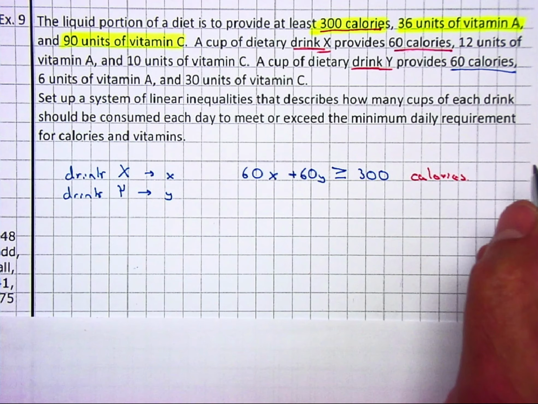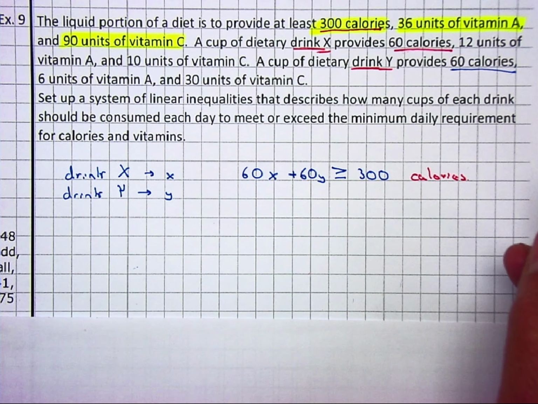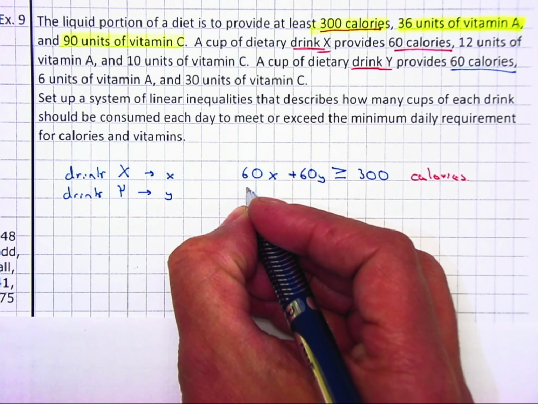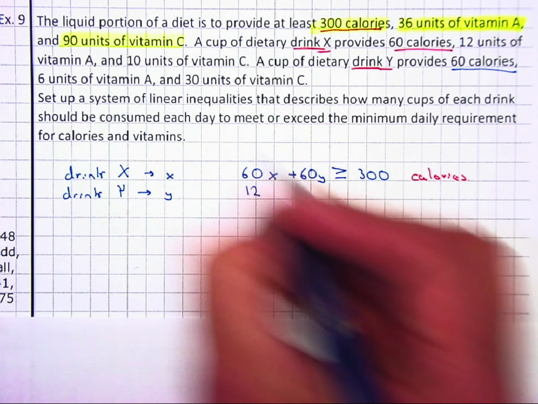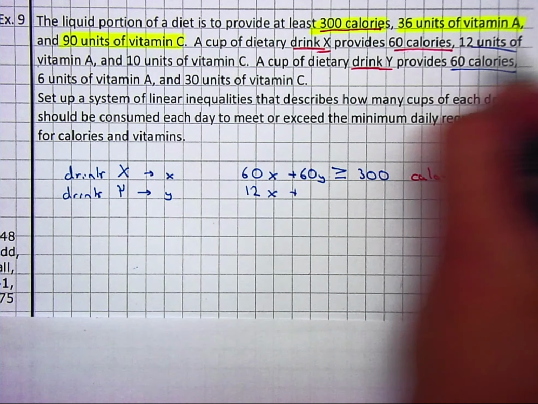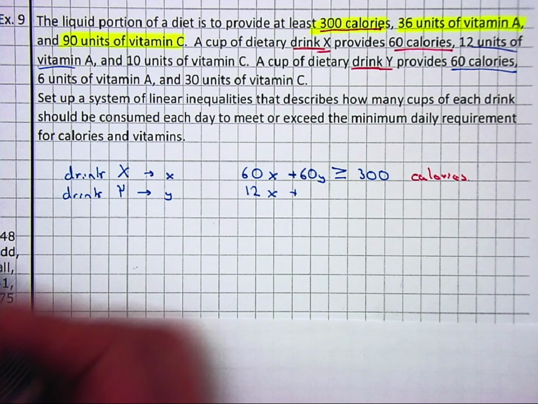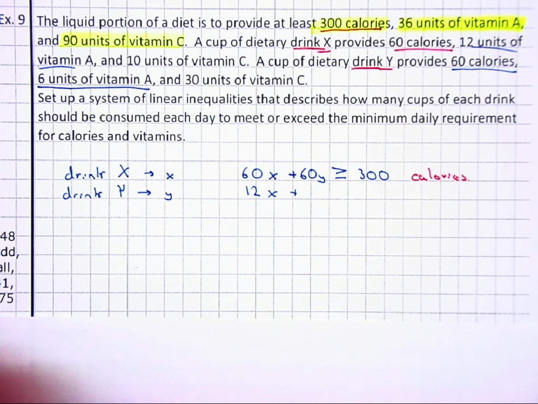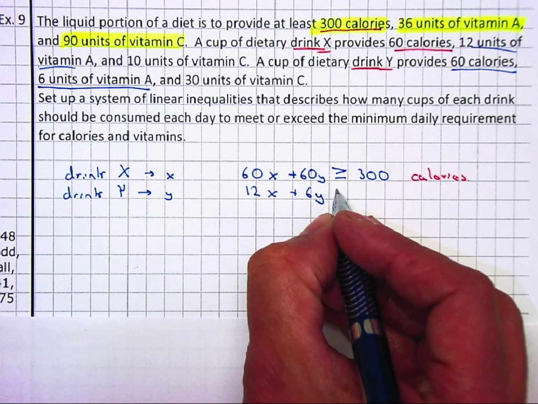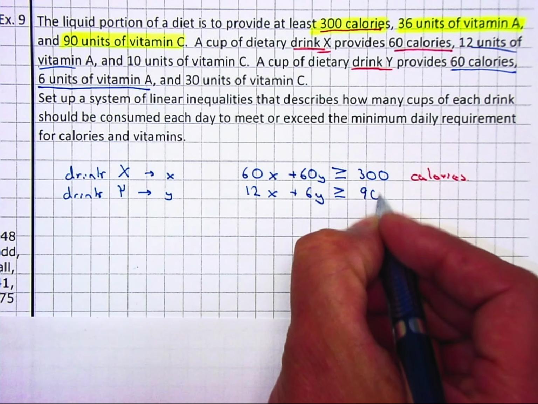Now let's set up another inequality for the vitamin A. So that'll be 12 units of vitamin A in cup X and 6 units of vitamin A in cup Y, and it has to be greater or equal to 36.